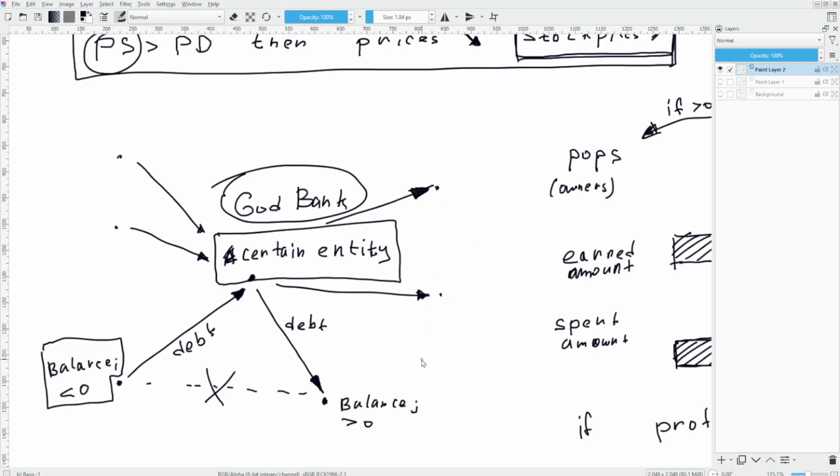Actually, one could make a game without having any sources of money like gold mines or minting and so on. You could have a simulation where the sum of all money is zero.